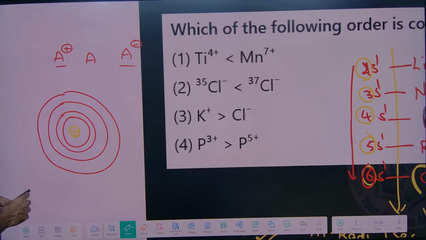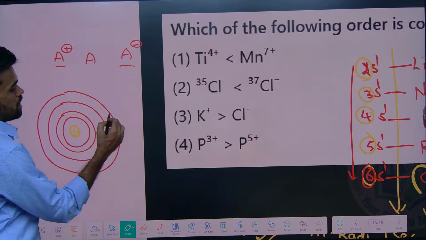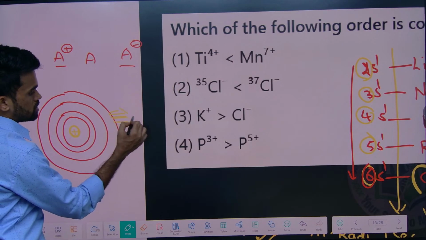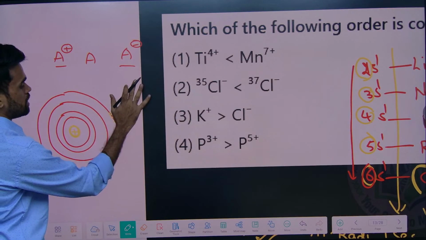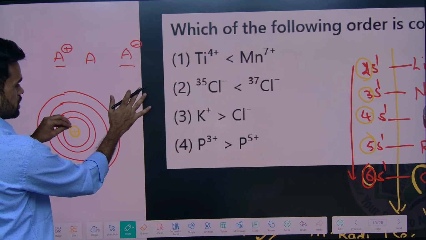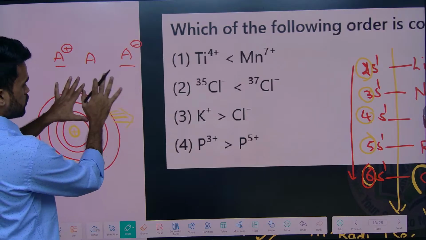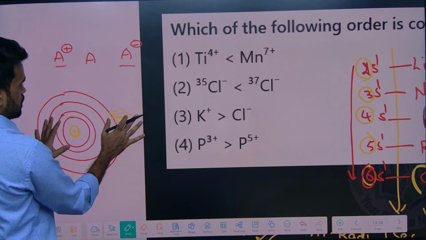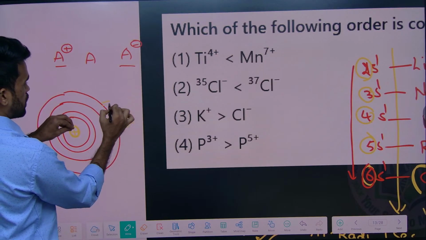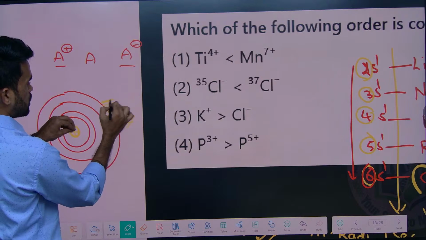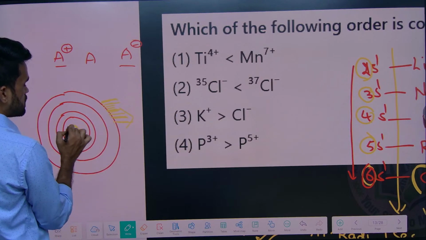So now what I am doing is removing the electrons from here. If I remove electrons, what happens? It becomes less electrons. Initially it has the same number of protons and electrons, therefore the size is something like this. But now I am keeping the same number of protons, but some electrons are removed. If electrons are removed, the positive charges are more now.